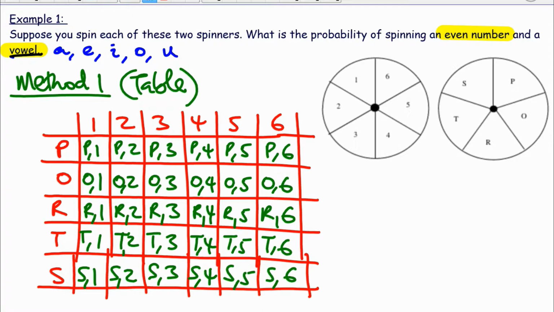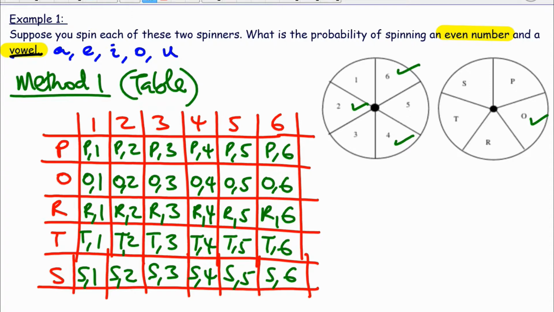Now, what the question is asking us is to find the probability of spinning an even number. Now, by inspection, these are the even numbers that we have here. And a vowel, we only have one vowel in the second spinner.